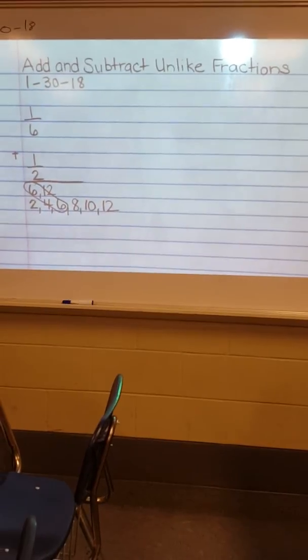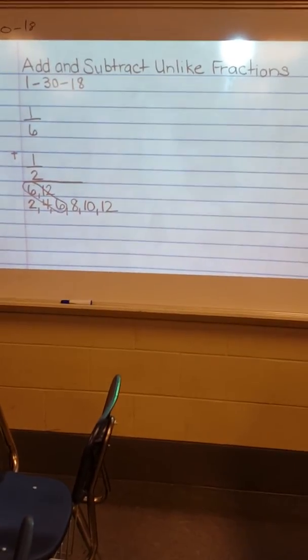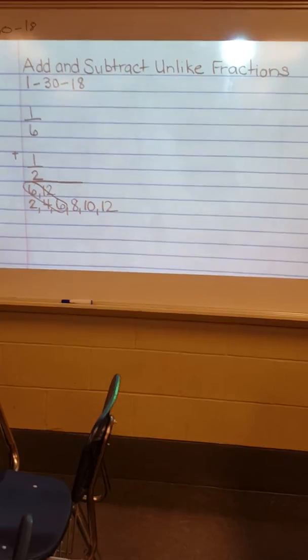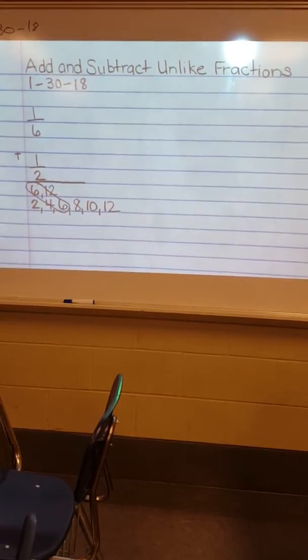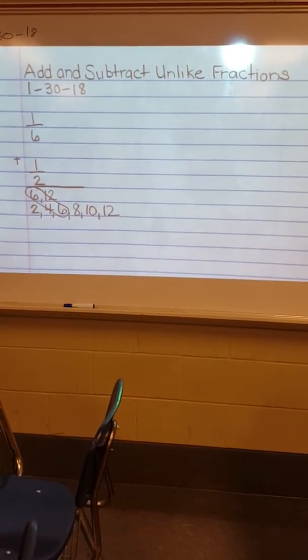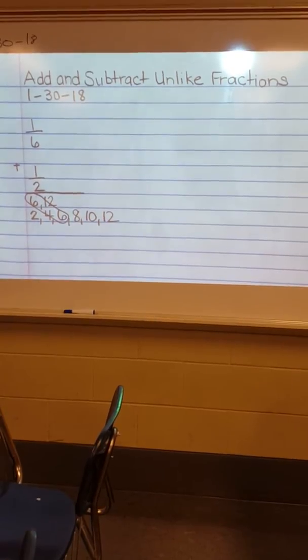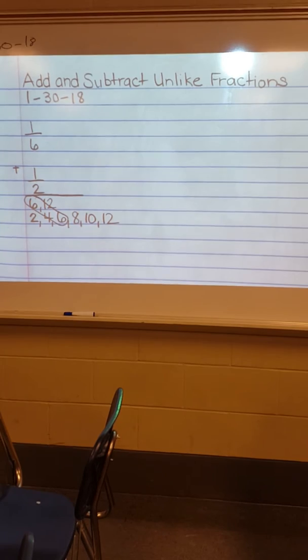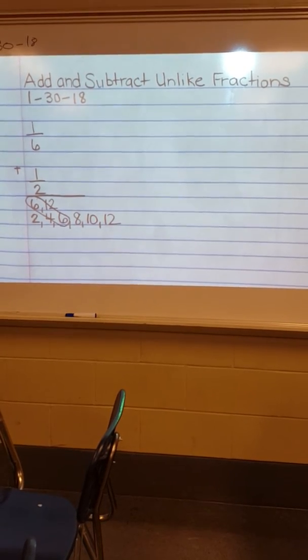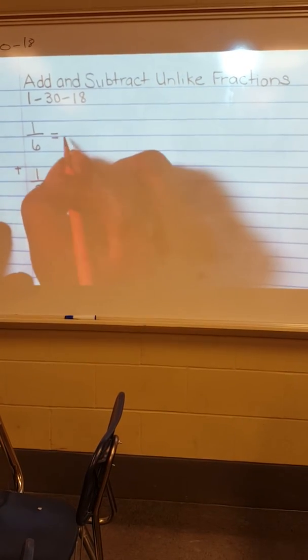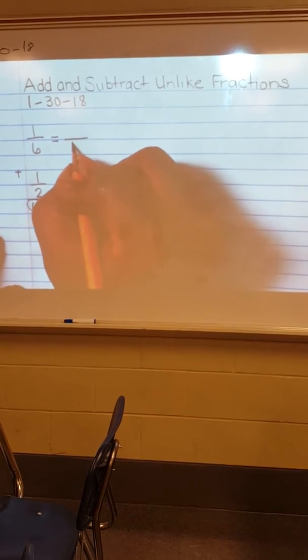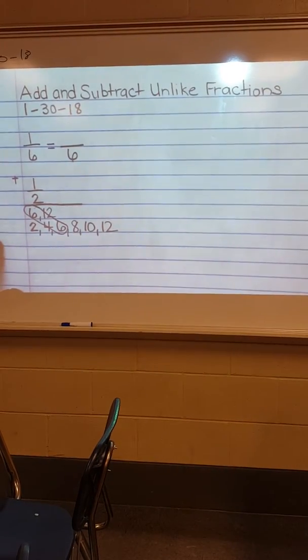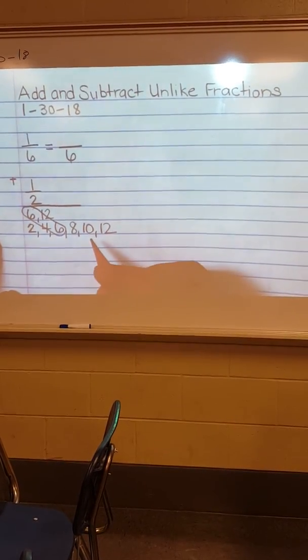All right, Kaden, we found 6 for our LCM. What do you want to do with that? Bring the 6 up. Okay, bring up the 6, and we call this making equivalent fractions. Okay, Kaden, you're almost there. You got the 6.